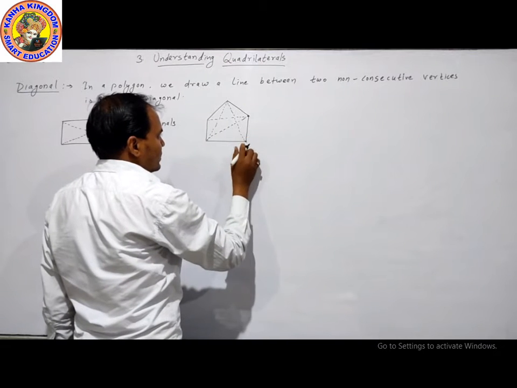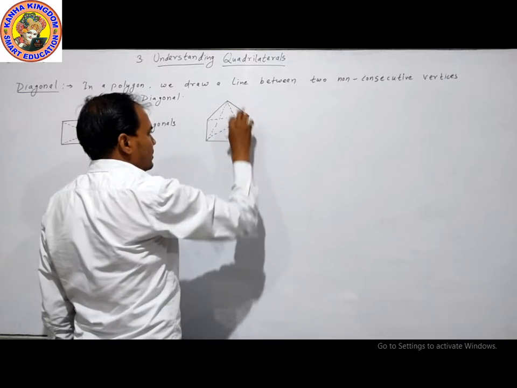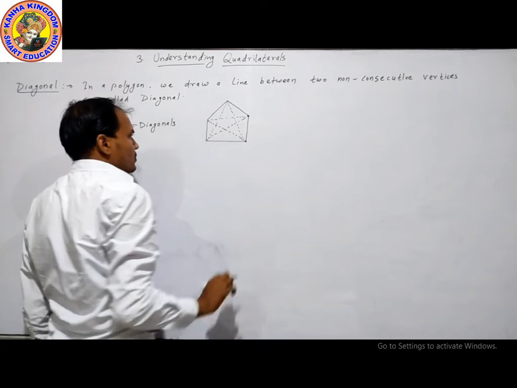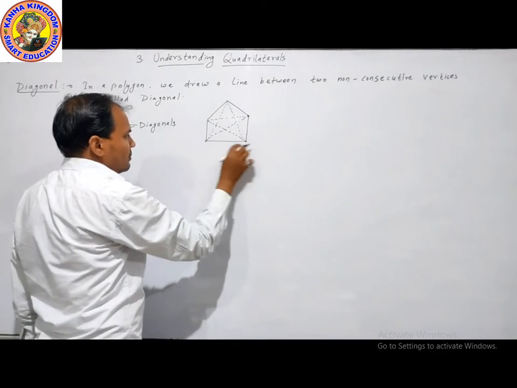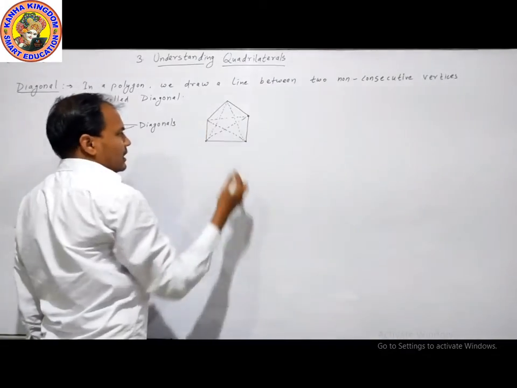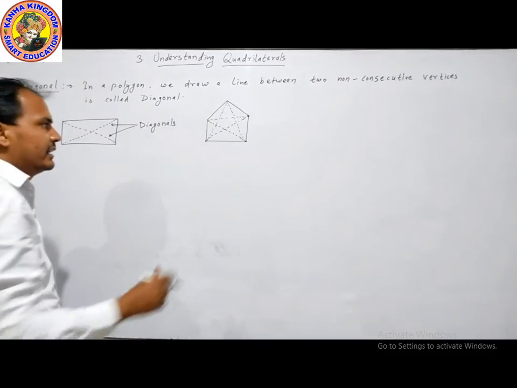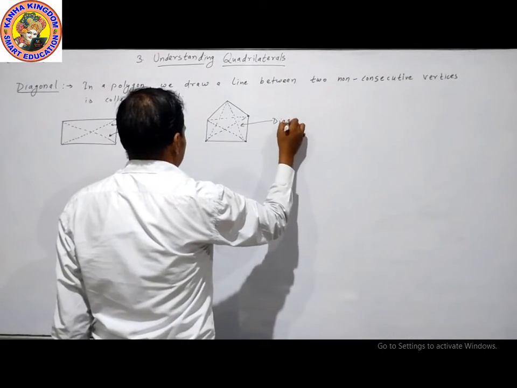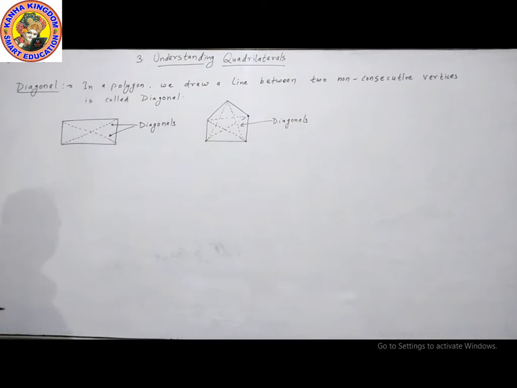For this vertex, 1, 2, 3, 4, another vertices are non-consecutive, so these are our diagonals. This is the definition of diagonals.